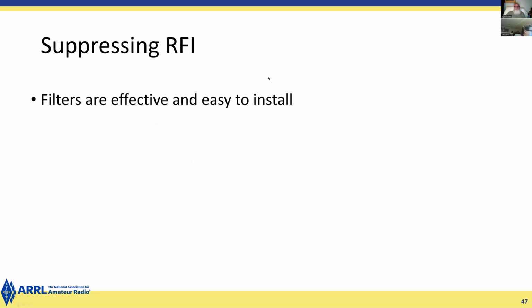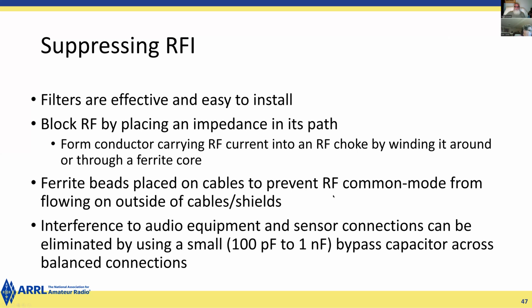So ferrite beads placed on cables is the thing I was just talking about. Sometimes, at audio frequencies, you can put small bypass capacitors from the signal to ground, where the impedance at radio frequencies from the capacitor is low, but at audio frequencies is very high.